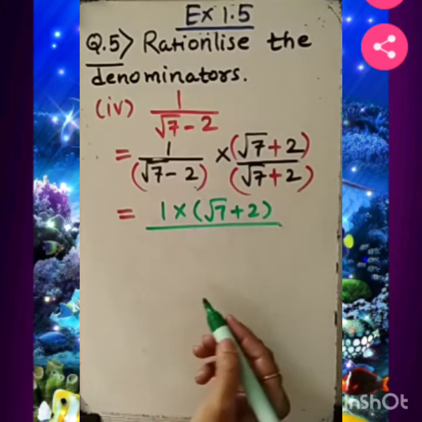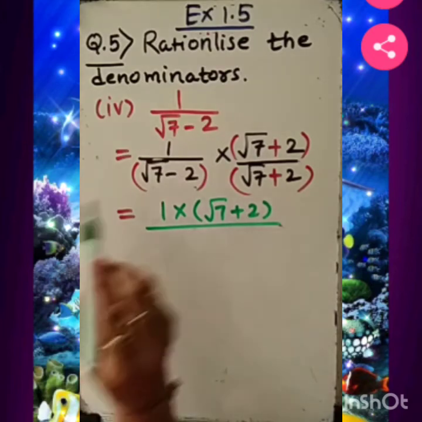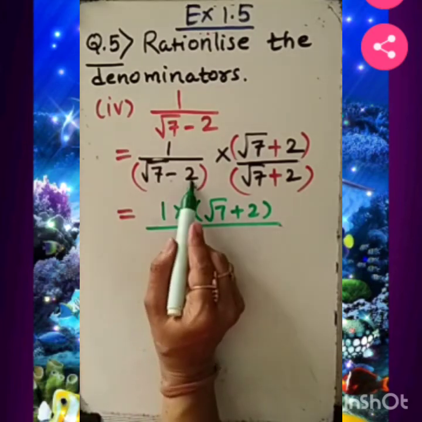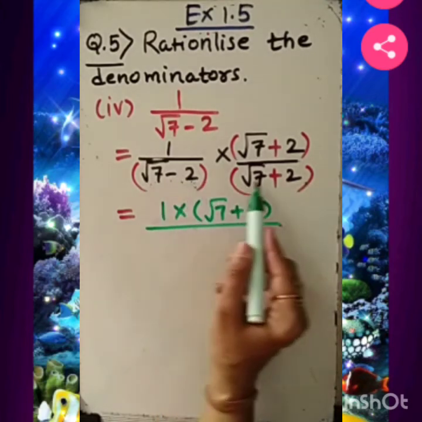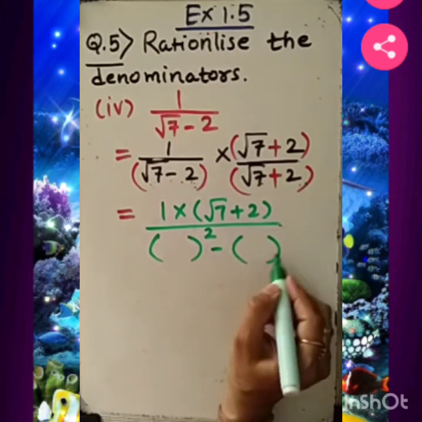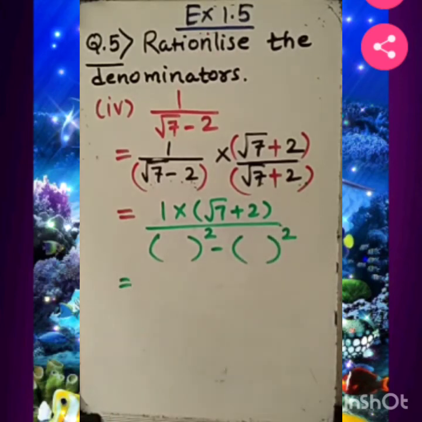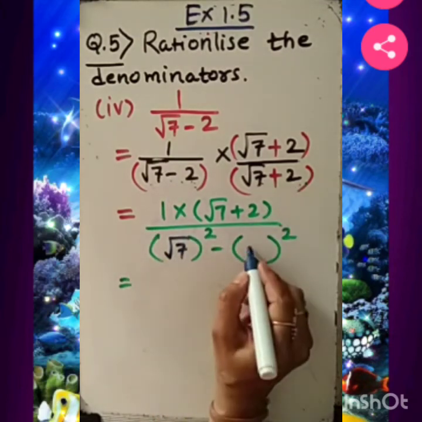And now let's talk about the denominator. Similar to what we did before, a minus b, a plus b, so it will be a square minus b square. Now let's work out: a is root 7, b is 2.